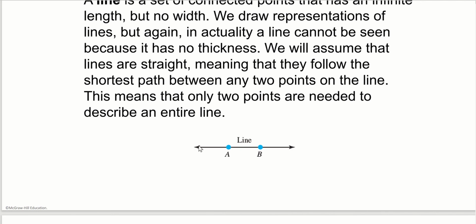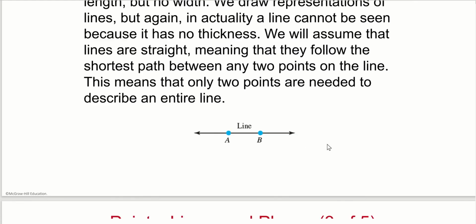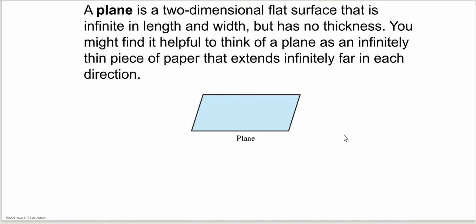The important thing as it pertains to the definition of a line is that a line extends infinitely far in two directions. So whenever we draw a line, we put arrows at the end to indicate that it doesn't stop. It extends infinitely far, in this case to the left, and infinitely far to the right.